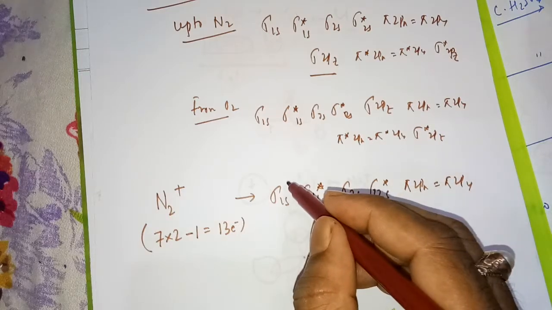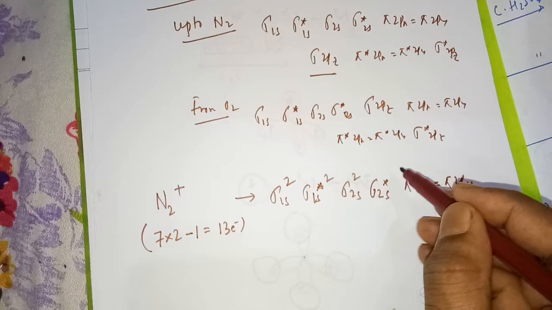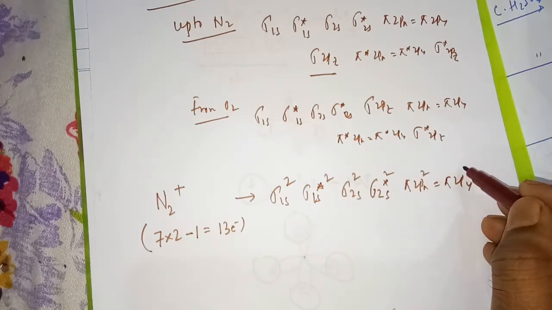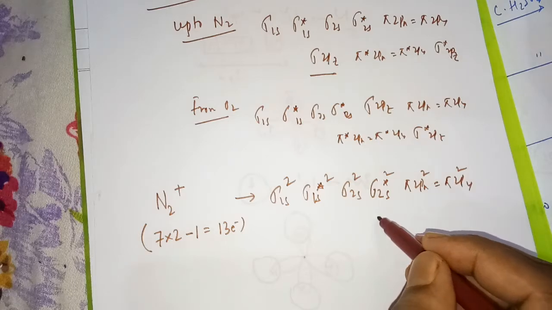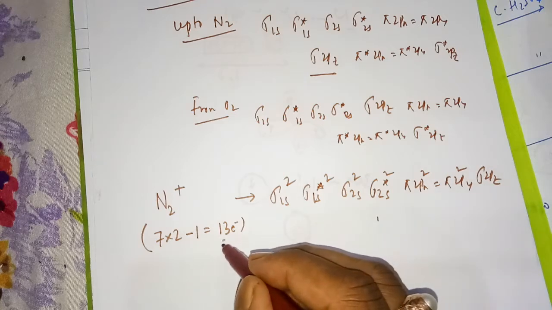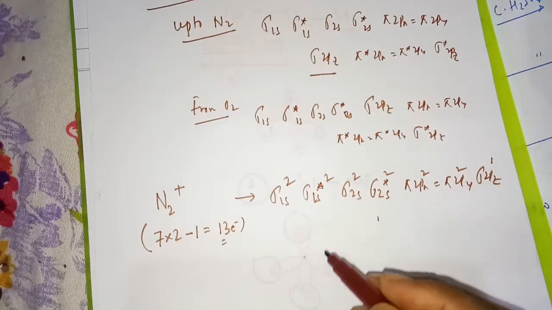Initially we have to give 2 electrons to each of these: 8 electrons, 9, 10, 11, 12. Then sigma 2pz: 12 electrons go, 1 electron left, so sigma 2pz has 1 electron.